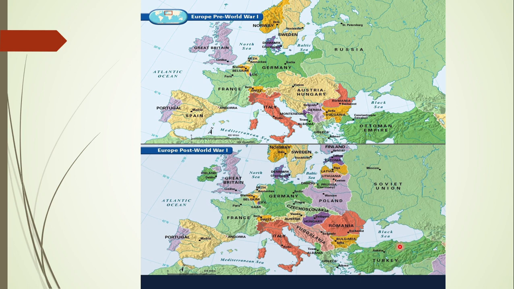You can see Ankara and this region, the Black Sea, south of the Black Sea, and on the eastern side of Greece you find that Turkey is there. Then similarly, the Soviet Union or USSR, that is Russia in modern day.